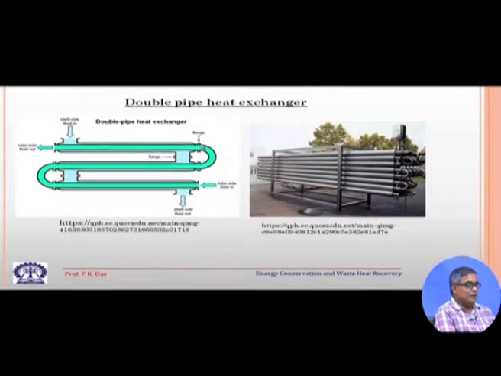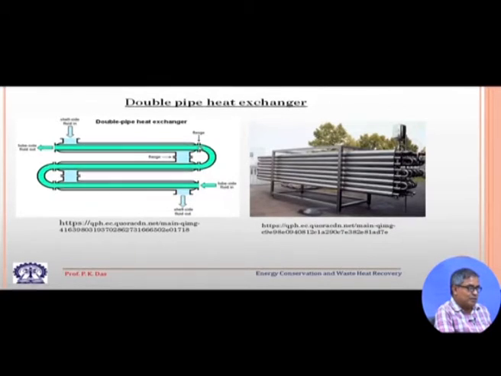Now, why is it done? Because to have some heat exchange we need a certain length, and for a tube in tube heat exchanger, if that length is very large, it cannot be accommodated in the site of the factory, and for other convenience, we do it like this.